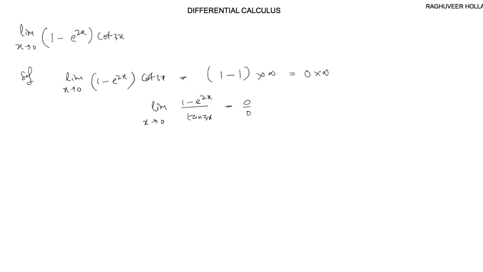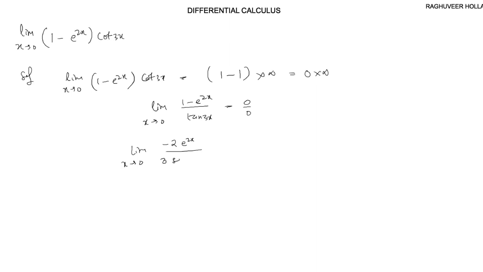Or even if you write 1 minus e to the power of 2x by tan 3x, you get the form 0 by 0 when x tends to 0.